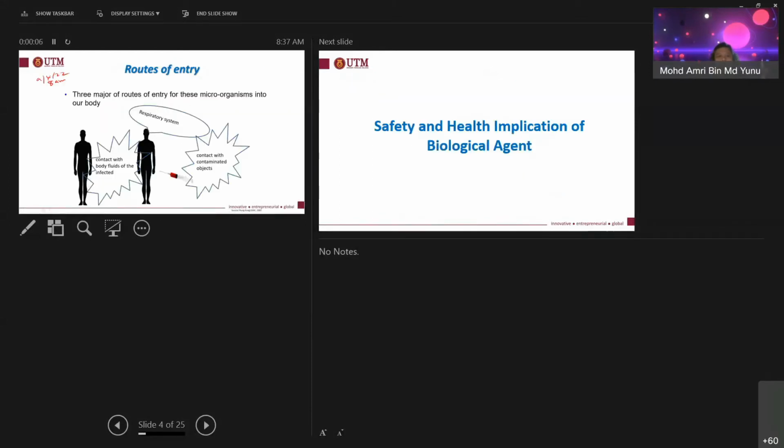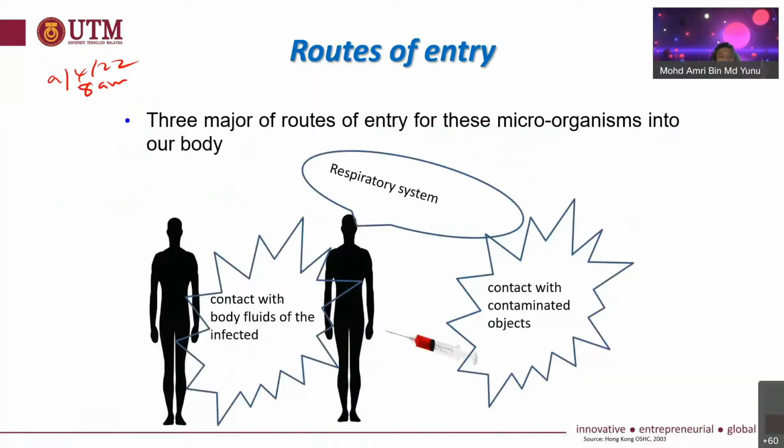Yeah, this respiratory system, contact with body fluid of the infected, and basically contact. And actually we have another one, ingestion. Ingestion is coming to our mouth. Of course, respiratory, we use our nose and also our mouth.